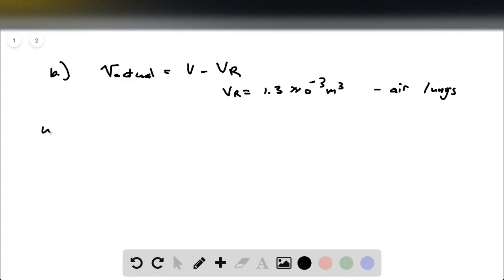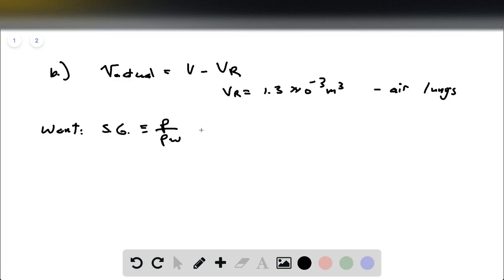And we want the specific gravity, which we'll label SG, and that's defined as the density of whatever object or material is in question over the density of water. And we don't know the density of this person, but we are given their mass, and we have now a way to calculate their actual volume.